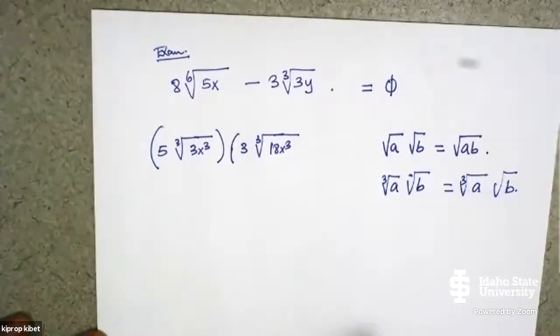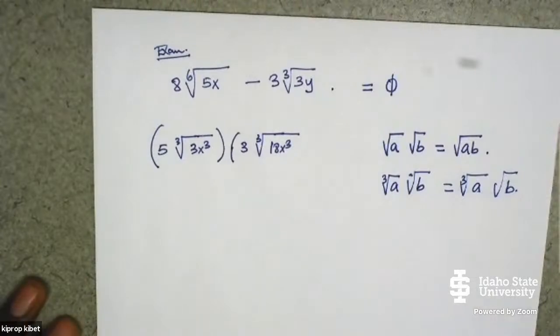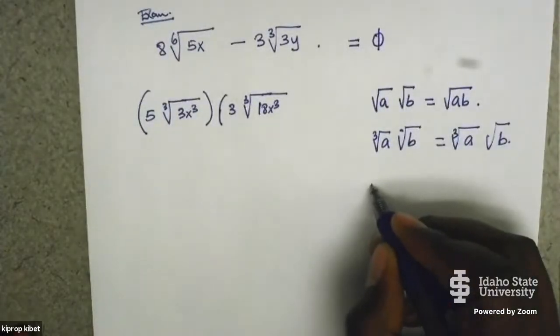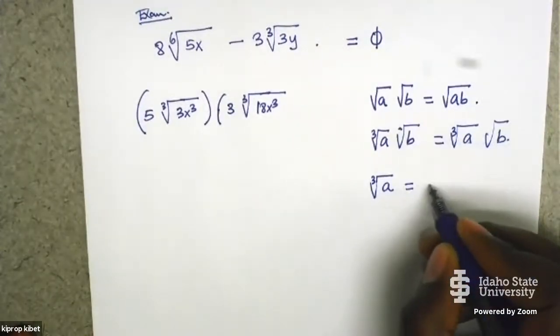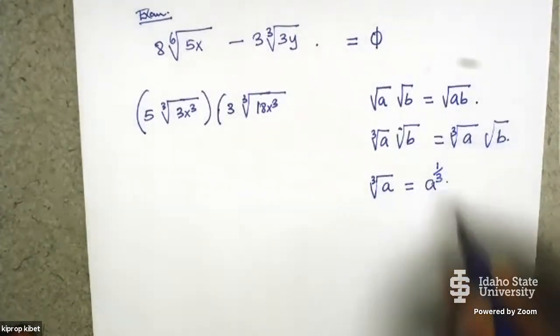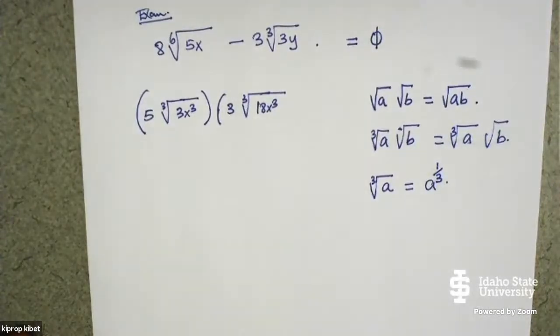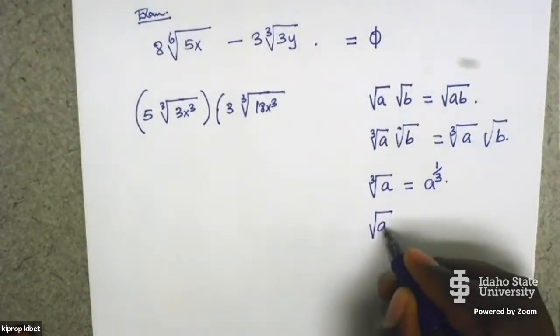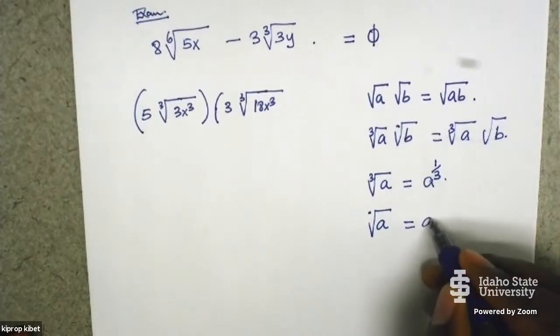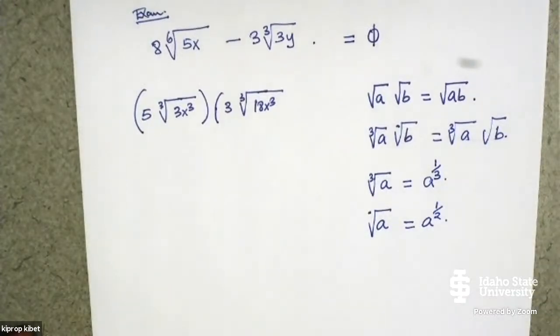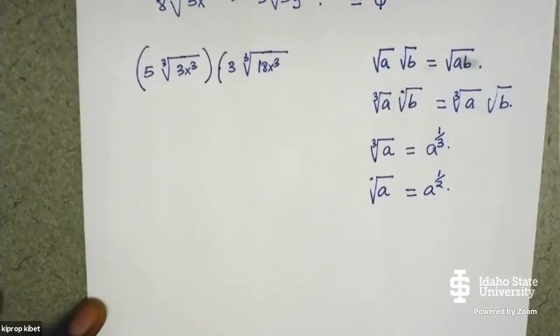It cannot change unless, since we remember that the cube root of A is similar to A raised to 1 over 3, right? Also the square root is the same as A raised to 1 over 2, right?